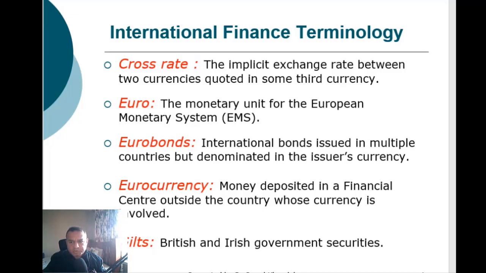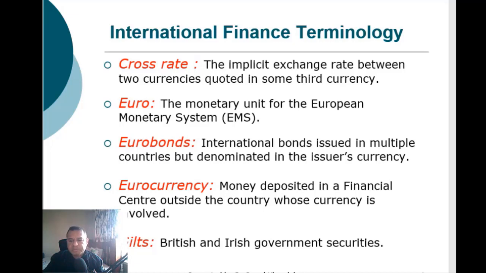The second terminology which is important for us is the euro. The euro is the monetary unit for the European monetary system or the EMS. Third is the eurobond. A eurobond is an international bond issued in multiple countries, but basically it is denominated in the issuer's own currency.